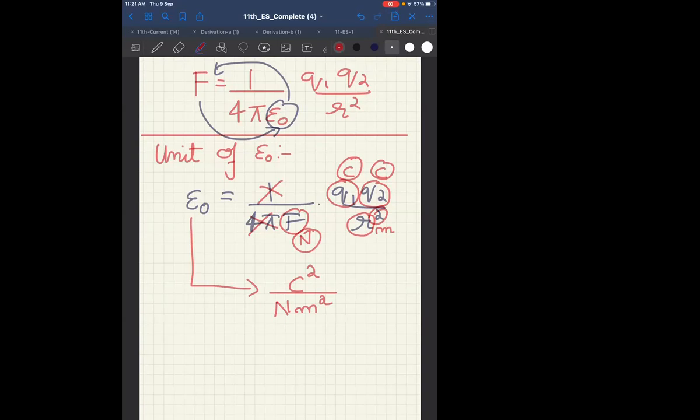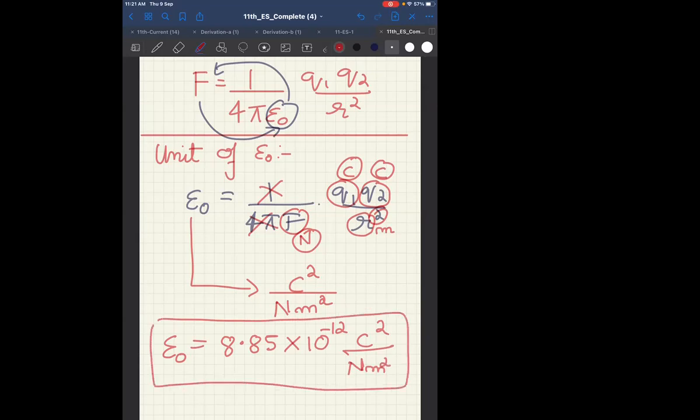So please make a note that the unit of epsilon naught is Coulomb square per Newton meter square. And let me tell you one more thing. The value also is a constant. Please remember this value as it is, it will never change.